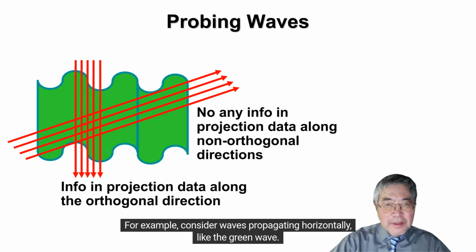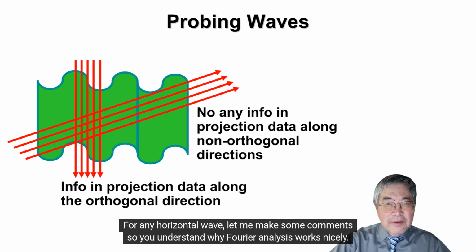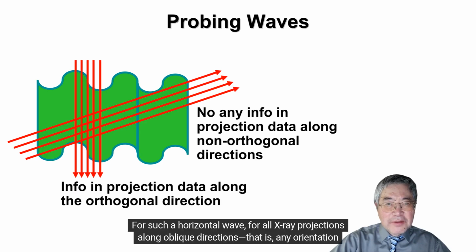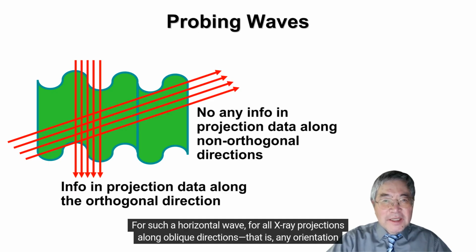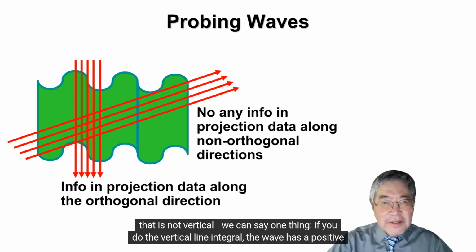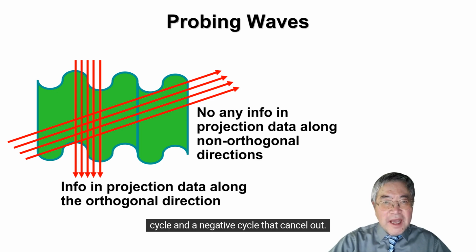For example, consider waves propagating horizontally, like the green wave. For any horizontal wave, let me make some comments so you understand why Fourier analysis works nicely. For such a horizontal wave, for all X-ray projections along oblique directions, that is, any orientation that is not vertical, we can say one thing. If you do the vertical line integral, the wave has a positive cycle and a negative cycle that cancel out. The wave just keeps oscillating.